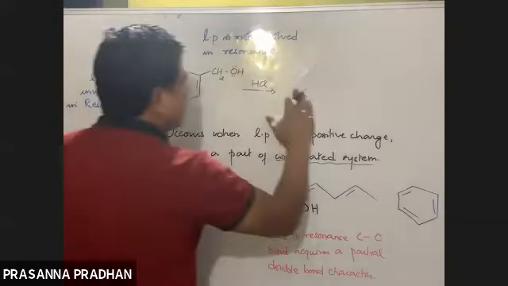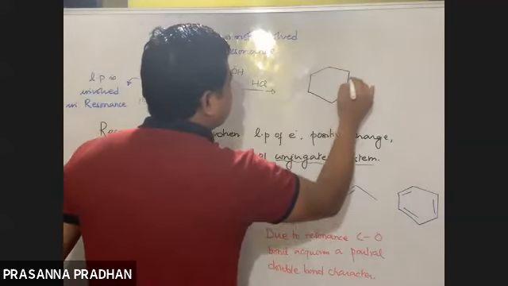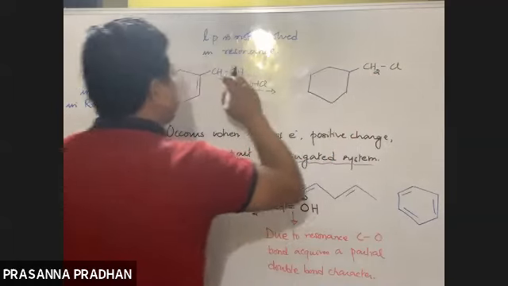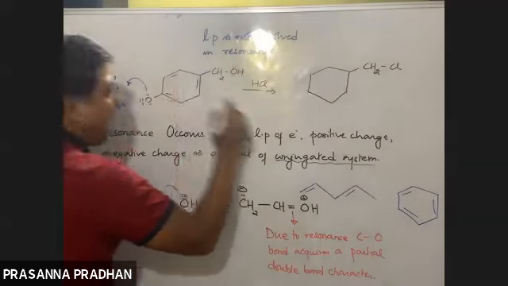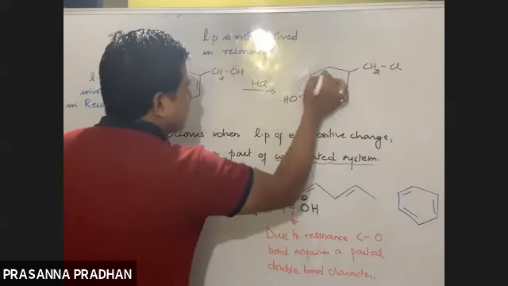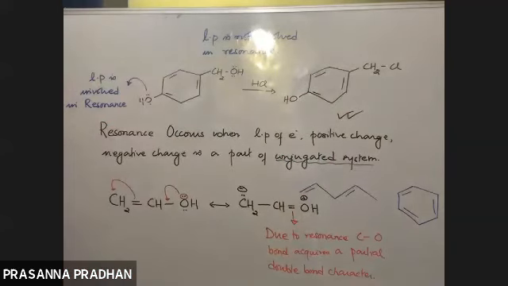So what will be the product out here? The product is going to be CH2Cl. This OH can be substituted by Cl. However, due to resonance, this OH group cannot be substituted by Cl. So this is our product.